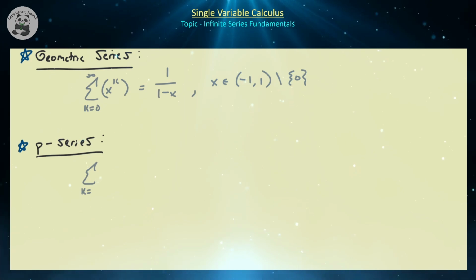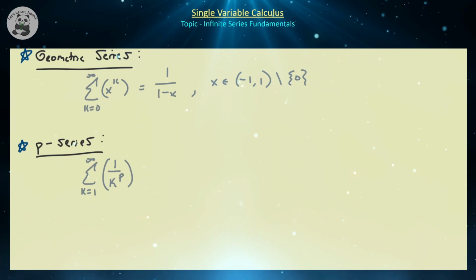So this is going to be defined to be the sum. Now this one starts at 1, not 0, and again it goes to infinity, and it's defined as 1 divided by k to the power of p. Right? And when this converges, we're going to say it converges to zeta of p.